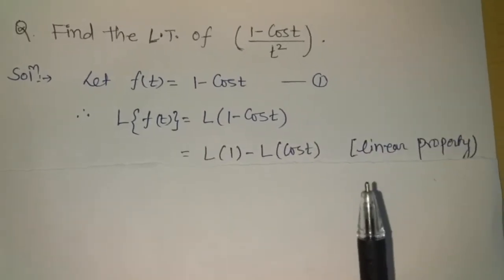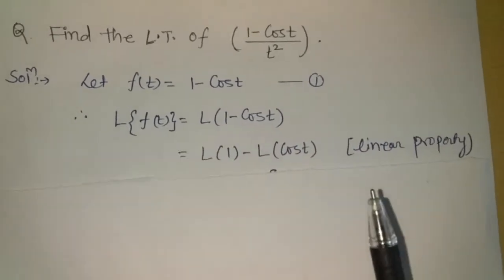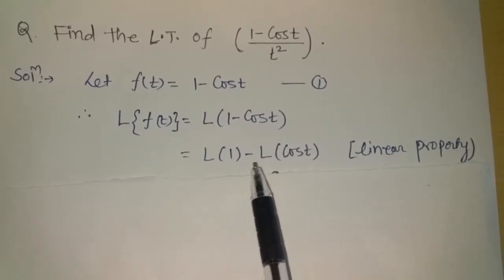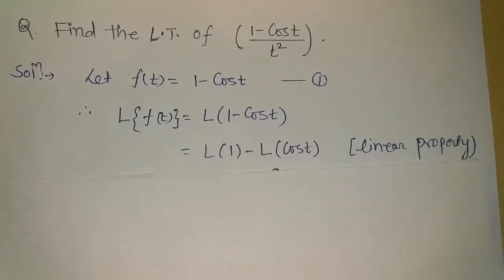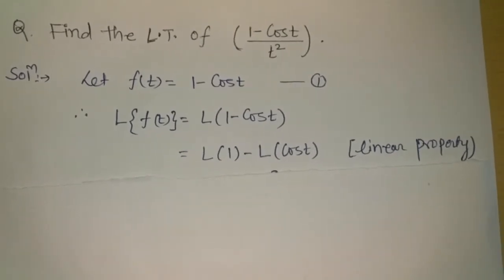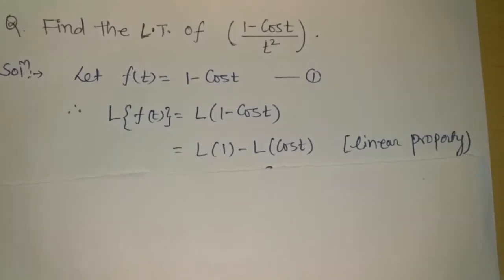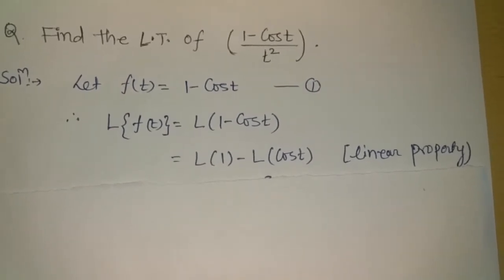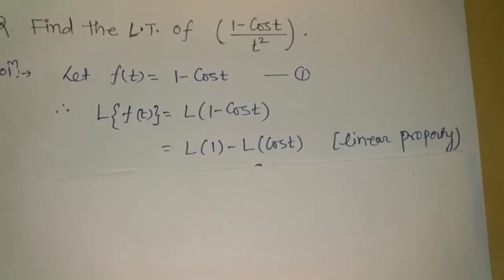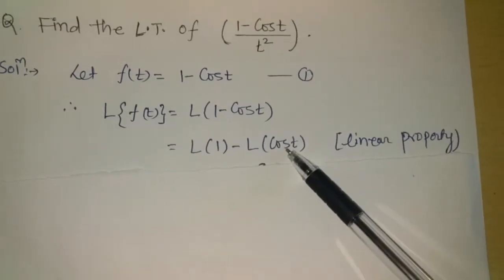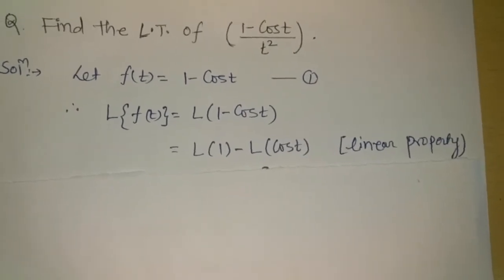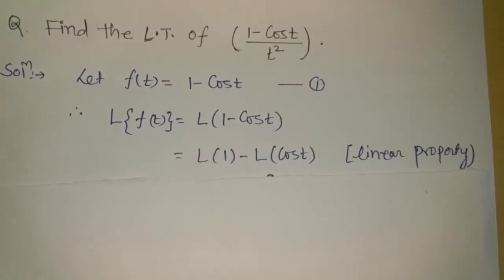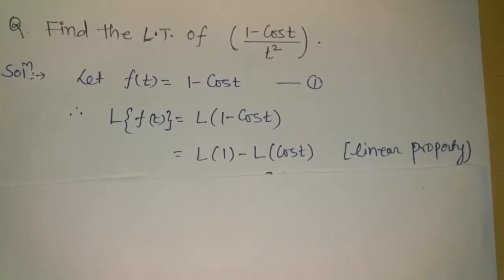So by linear property we get Laplace transform of f(t) is equal to Laplace transform of 1 minus Laplace transform of cos t. And as we know, Laplace transform of 1 is 1 by s, and Laplace transform of cos at is s upon s square plus a square, and here a is 1, so the Laplace transform of cos t is s upon s square plus 1.